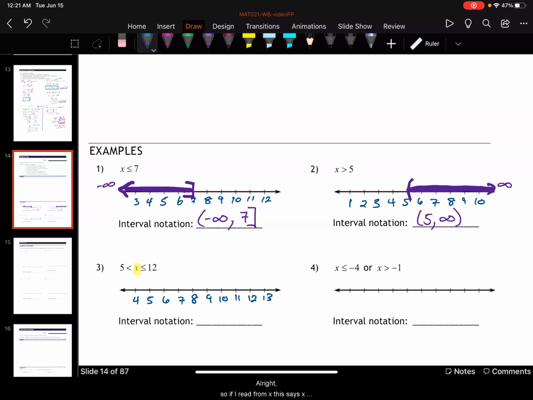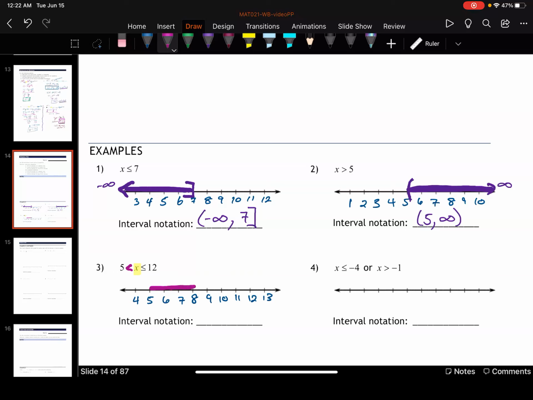All right, so if I read from x, this says x is actually greater than 5. So if I have my parenthesis at 5, or my starting point is at 5, x is greater than 5. So that, being greater than 5, would be going to the right.